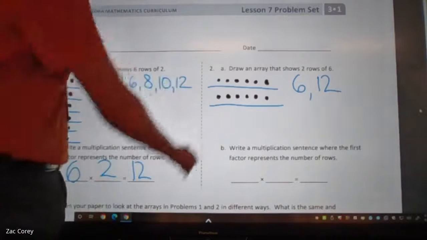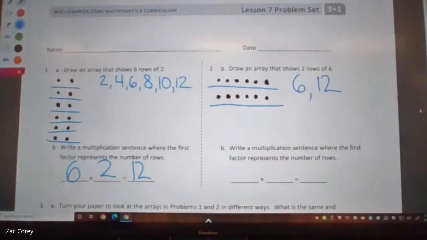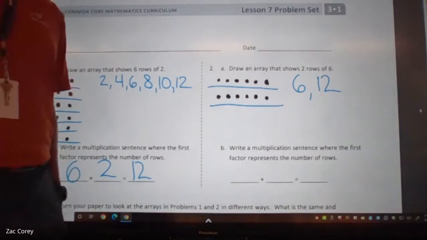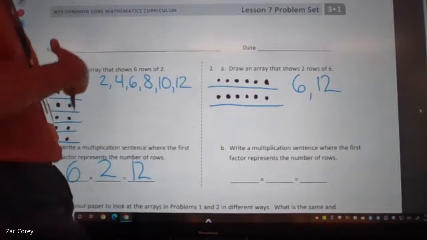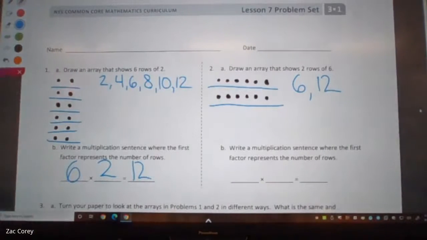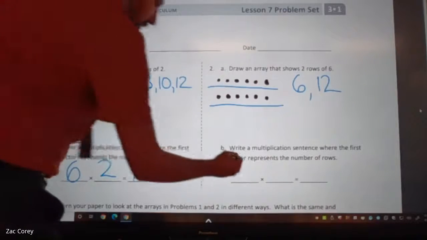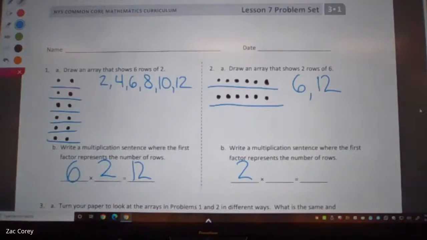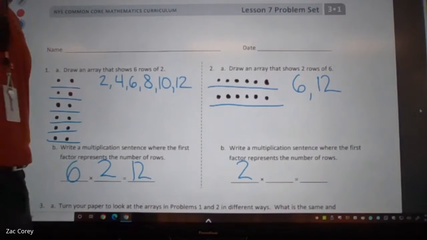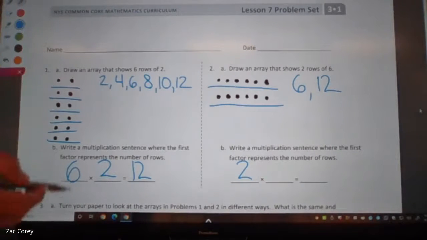Let's come down to 2B. 2B says, write an equation to represent the total number of objects in your array. If you remember back to how we did this before, the number of groups or rows always comes first. So the first number we have is 2. And then the second number in your multiplication equation is how many objects are in each row or each group.